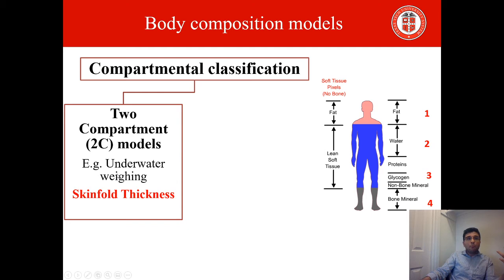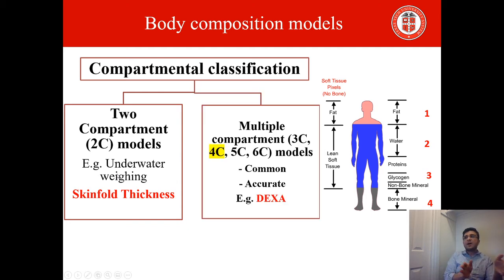If you look at the more common model, these are the multiple compartmental models. So apart from fat and fat-free mass, we divide fat-free mass into other components. It can be 3, 4, 5, 6. The more the number of compartments, the more accurate the measurements will be.